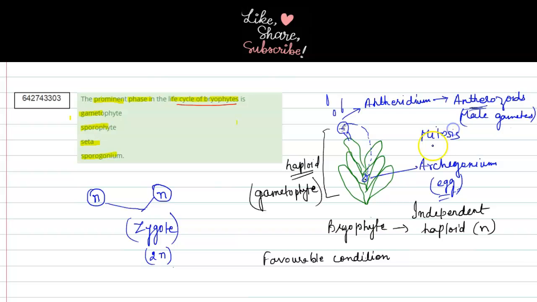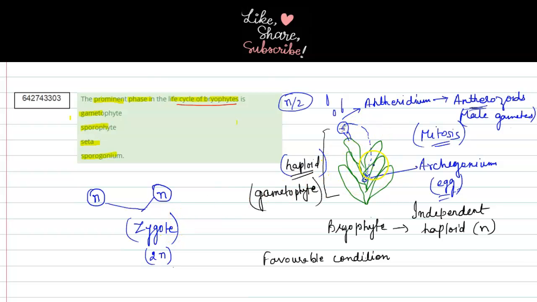Since this entire structure is haploid, if meiosis, which is a reductional division, took place, then we would get N by 2 chromosomes, which is obviously not possible. That is why equational division has to take place, forming the gametes. So here mitosis takes place, and in the zygote also mitosis starts, which is the growth of a new plant.